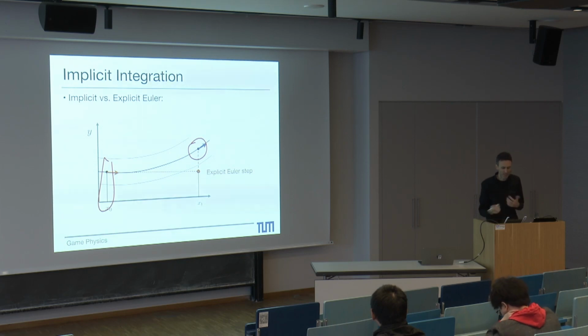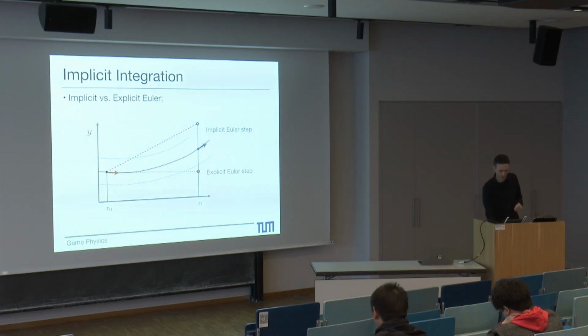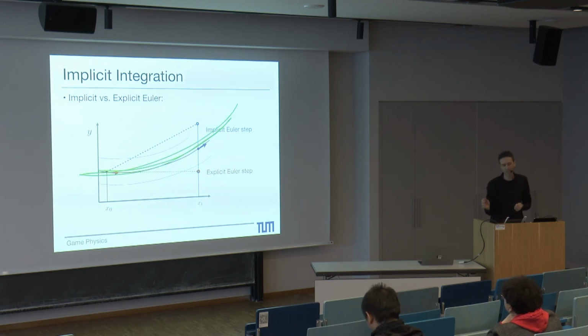And this now has the opposite effect of undershooting. Whereas the explicit methods, if you have a curve like this, here we have this main line that curves upwards, the explicit methods now stay below and go over. The implicit methods do the opposite and stay inside. They undershoot.